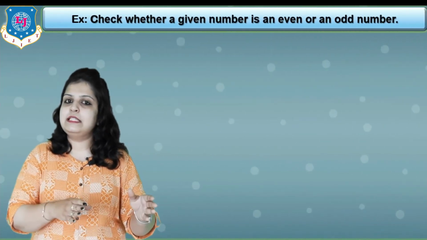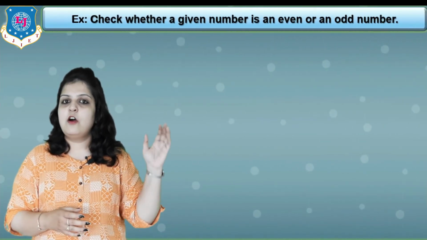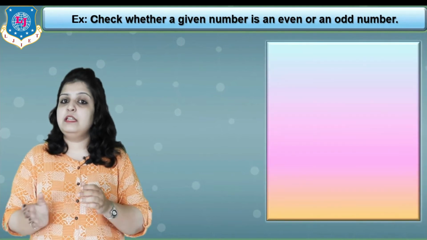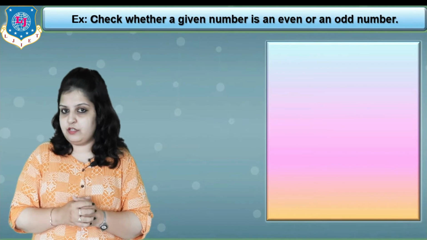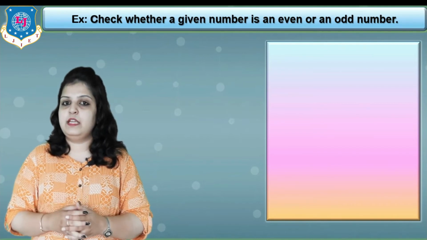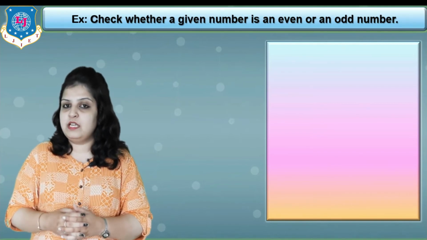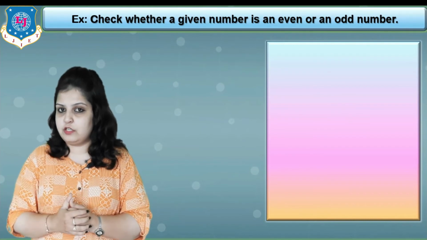Let's see the same example of odd and even number. In the previous example, simple if, we had to write two different conditions, right? But here we can write this program using if else with a single condition. How?